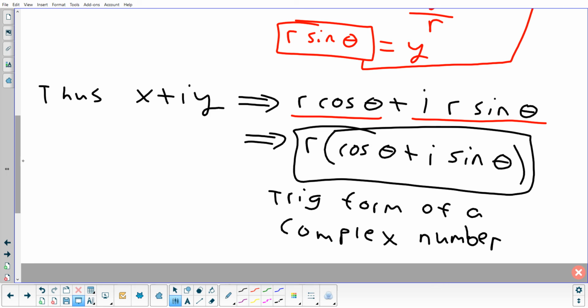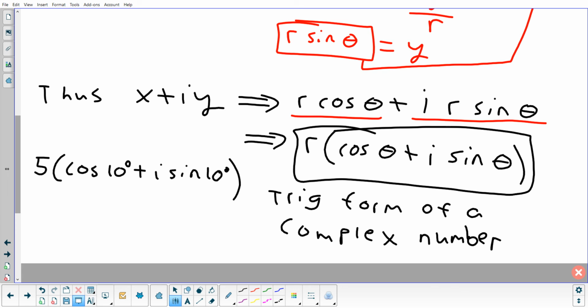So, the final answer for writing a complex number in trig form could look like this. Let's say you had a radius of 5 and an angle of 10. This is the final answer. 5 cosine 10 plus I sine 10. You don't do anything else with that. That is the final answer. If you try to do something more with it, let's say you say, well, I got a 5 here.